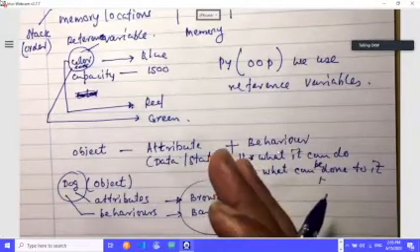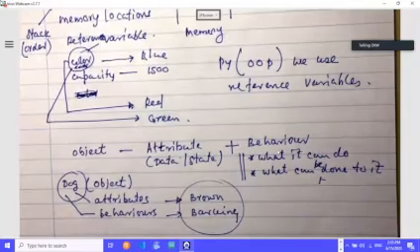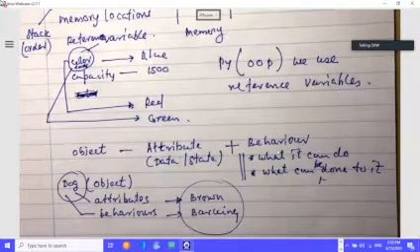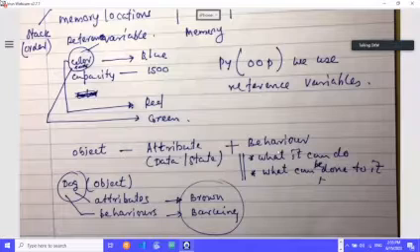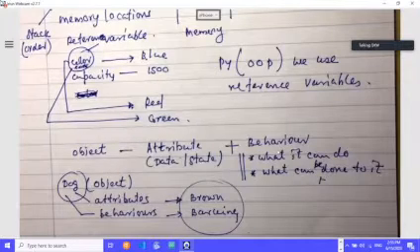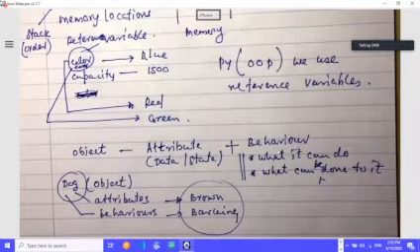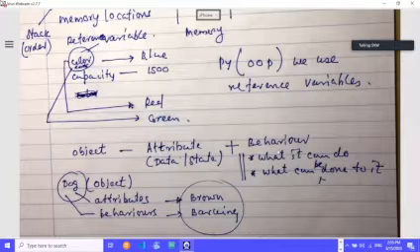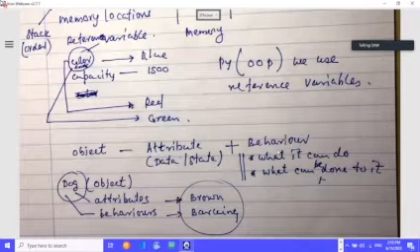So brown dogs will bark, black dogs will bark, white dogs will bark, dogs with multicolor will bark. That's a behavior. So therefore, in object-oriented languages, we will see what is an object.